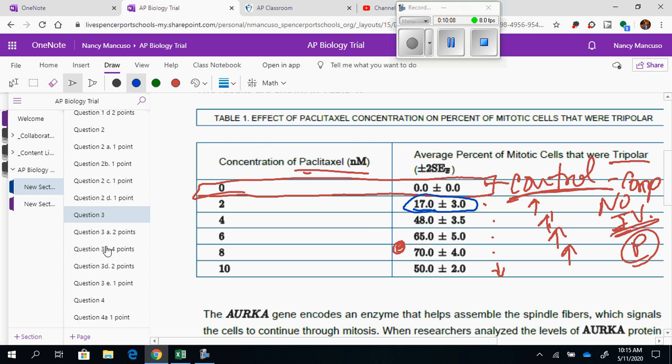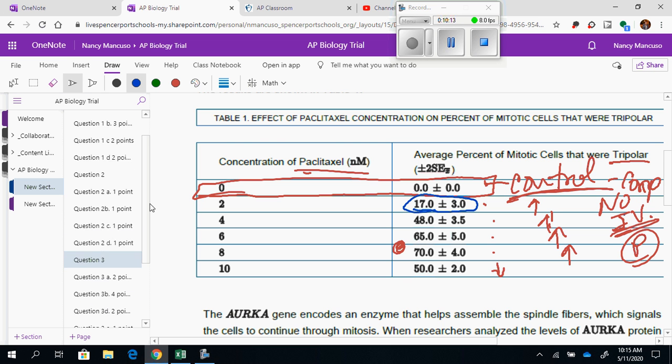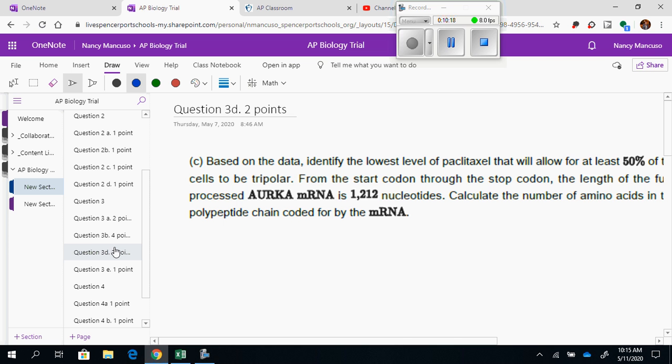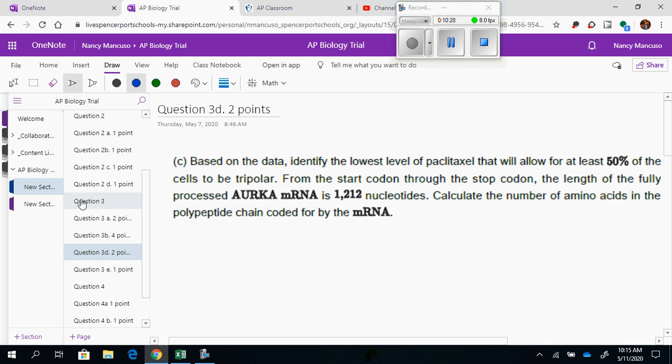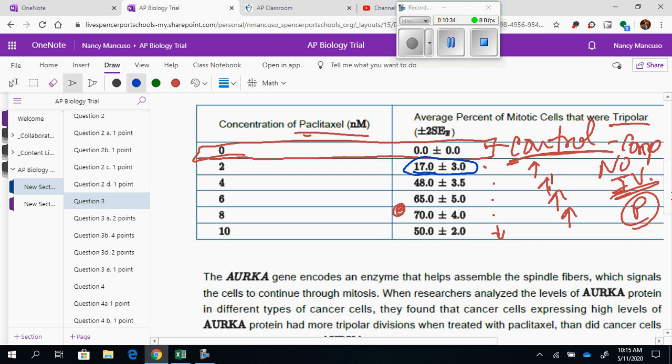All right, question C. Based on the data, identify the lowest levels of P that will allow for at least 50% of the cells to be tripolar. Okay, so that's the first thing I have to do. So I go back over here to the data chart that they gave us, and I want to see where 50% is. So I look at concentration 4, and it gives me 48 plus or minus 3.5.